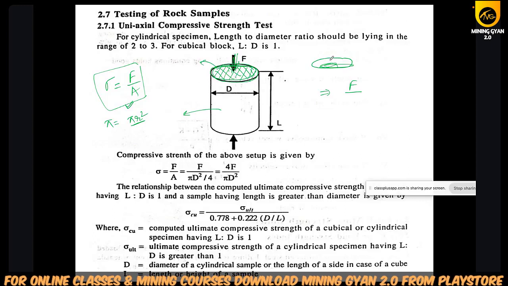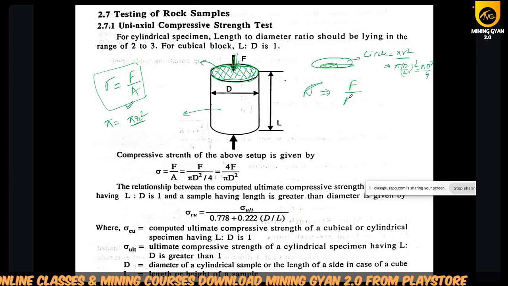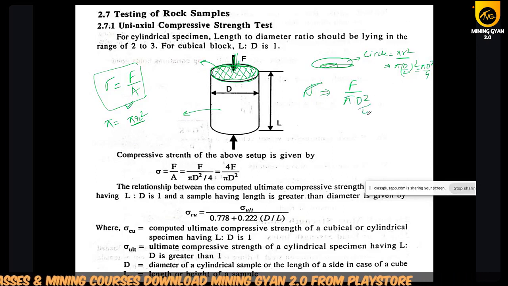So I told you to remember the formula of the circle, which is pi r square. So what is pi (d by 2) square? That means pi d square by 4. So now sigma equal to F by (pi d square by 4), which means 4 F by pi d square.